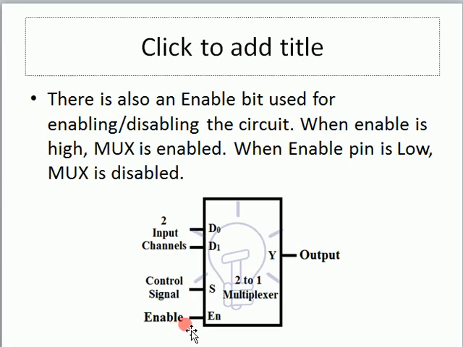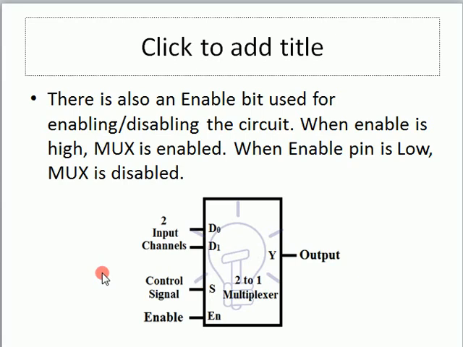If the enable signal is 1, then this circuit is operational, and that's why at that time we look at what is at the input lines and what is at the control signal, or the selector line.